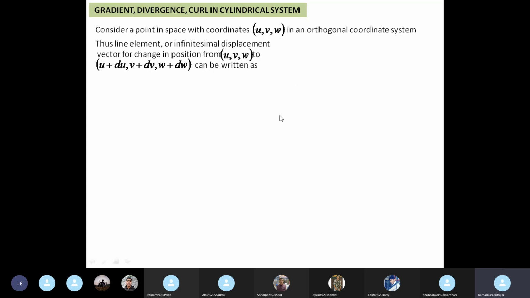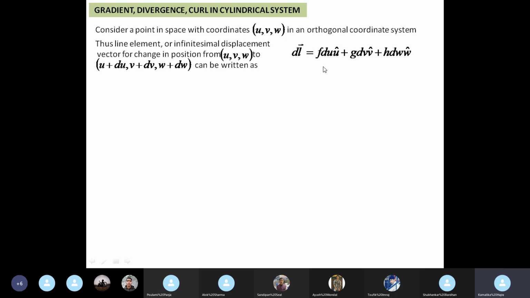So the line element or infinitesimal displacement vector, when you are changing the position from u, v, w to u plus du, v plus dv, w plus dw, can be written as this: f du u cap plus g dv v cap plus h dw w cap.